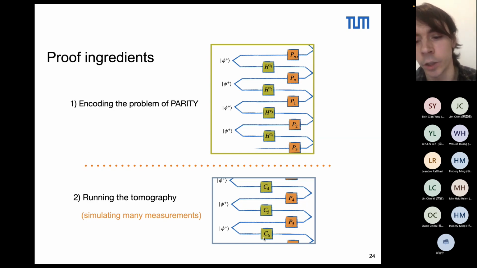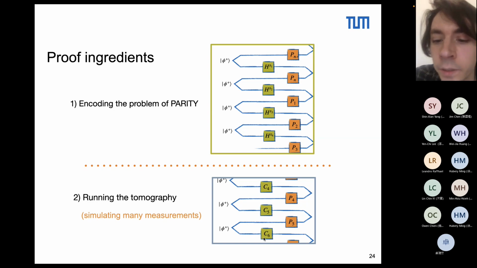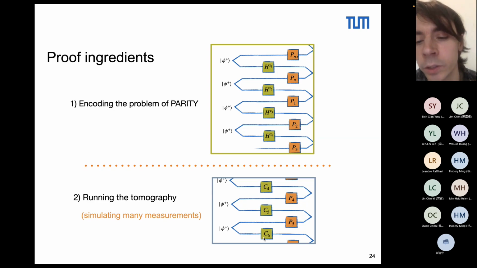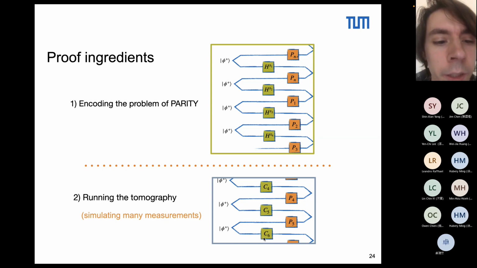The first inputs will correspond, for example, to measuring the first line of the square, the second round of inputs to the second line of the square, etc. It's actually quite complicated how this encoding of the tomography is implemented.